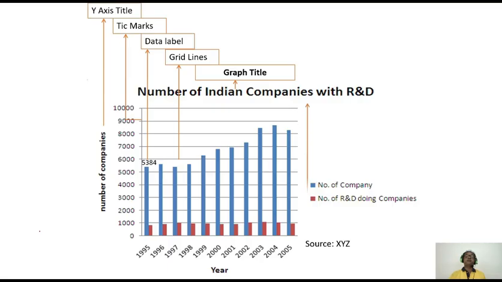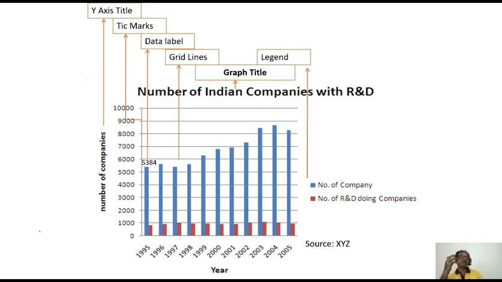Next is this part where I have given what the blue rectangle is representing and what the red rectangle is representing. The blue rectangle is representing the number of companies and the red rectangle is representing the number of companies doing research and development. This is called the legend of the graph, and the legend gives a description about what colors, or symbols, are used for representing different parts of the graph.